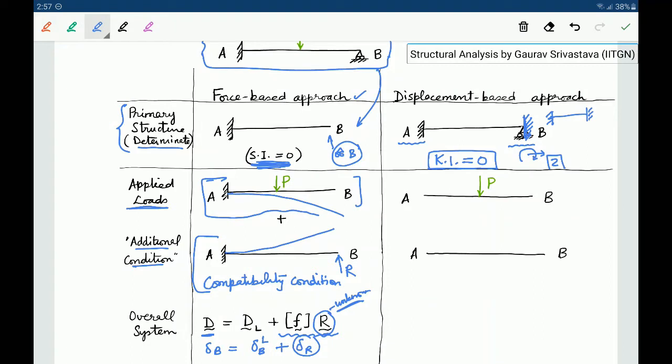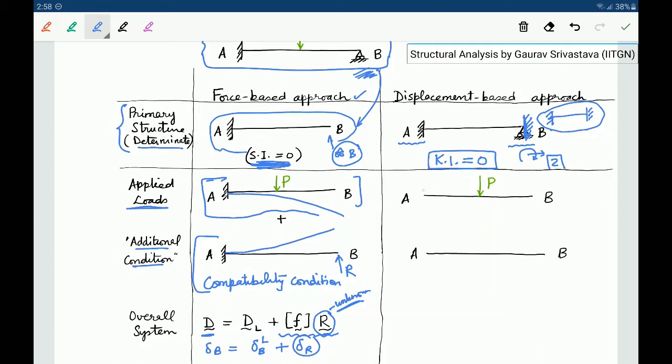And one advantage, in fact a big advantage, is that this primary structure is not going to change depending on the main structure we have. In the force based method, the choice of primary structure is not unique. For the same original structure, we can come up with many possible primary structures. But in the displacement based approach, since both ends have to be fixed completely, the primary structure becomes fixed.